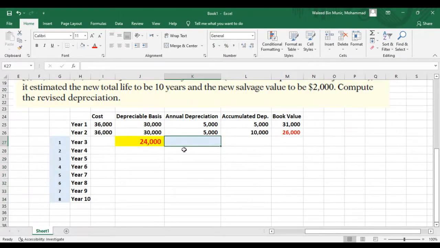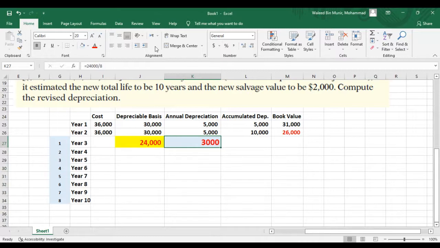So it means our annual depreciation is 24,000 divided by 8. Is it clear now?